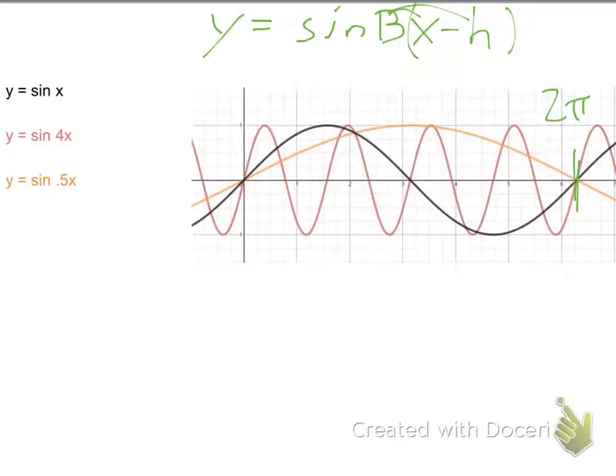Now, looking at the red one. The red one looks like it's starting to scrunch up. So that means the period coefficient will be larger. Look at the red one. The red one has a higher frequency. That means that the period actually gets smaller.